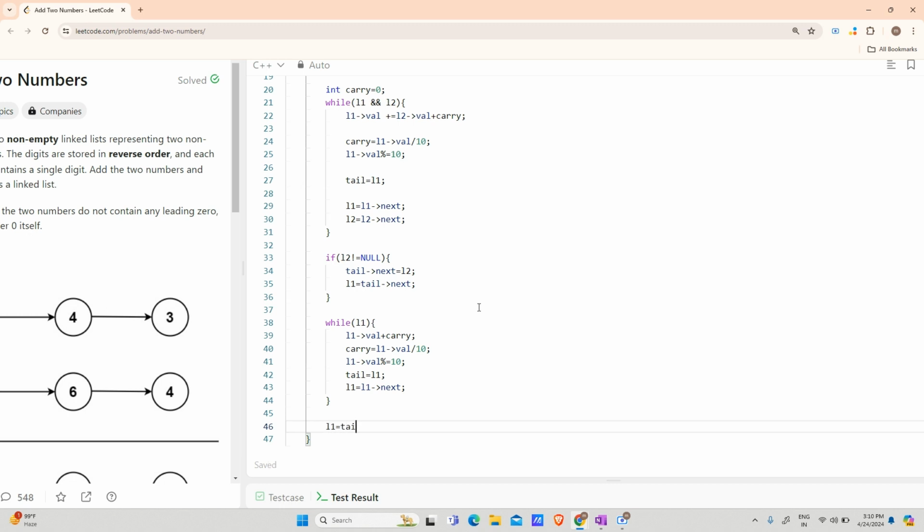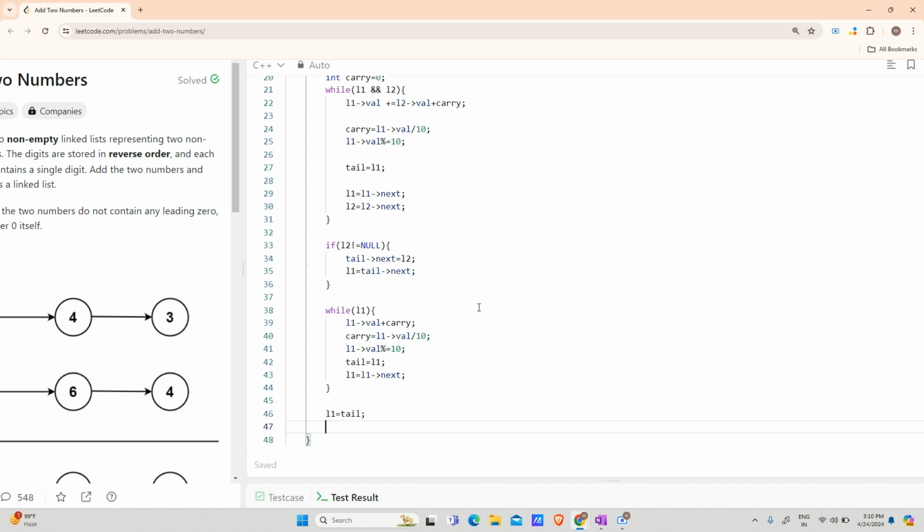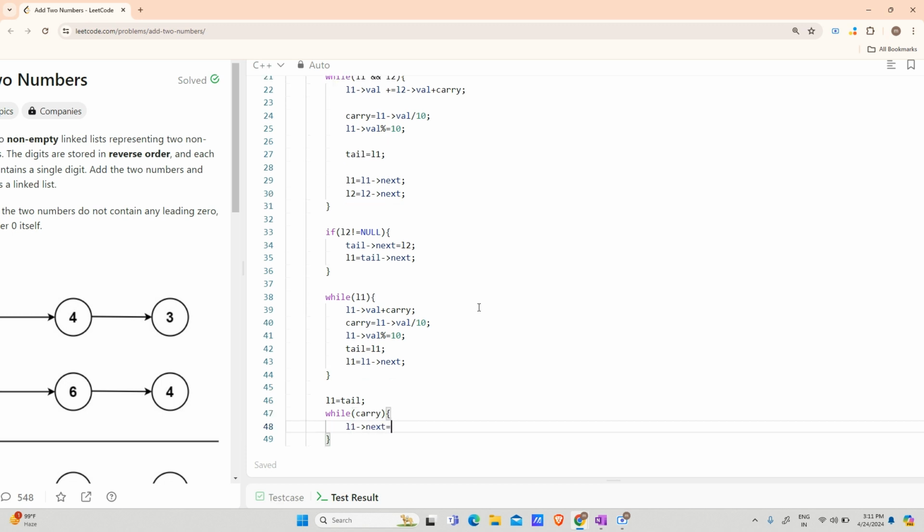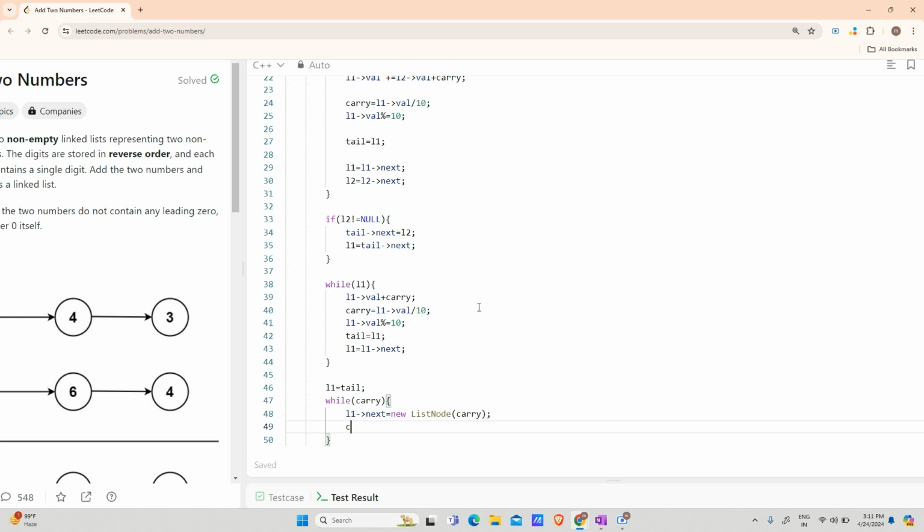Okay, I will say L1 equals tail. Why did I do this? I did this because I wanted to add a new node to the tail. So now while carry, L1's next will become a new list node of value carry, and now carry will become... alright.